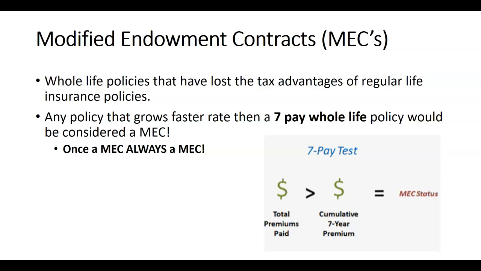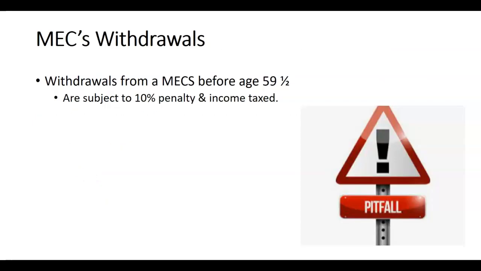So as we can see here, there are some taxation rules that apply to MACs. The first thing is MACs are tax deferred accumulation. Any distributions are taxable, including withdrawals and policy loans.